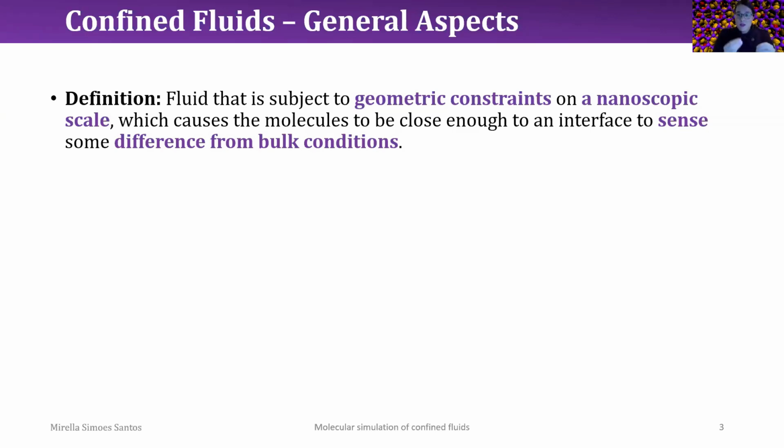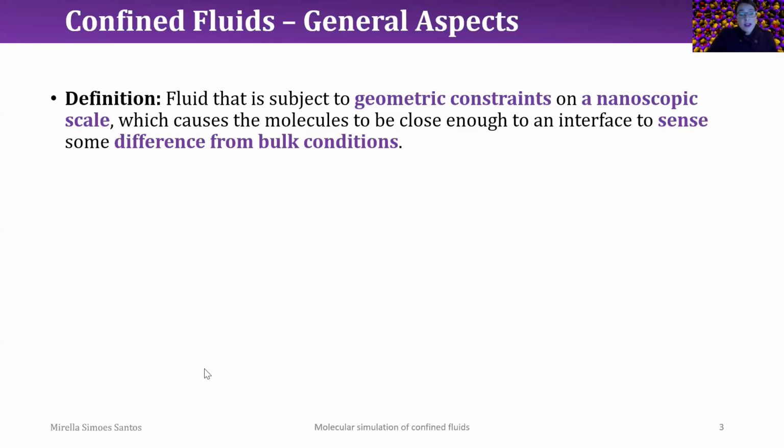So due to this geometric constraint, the molecules will be close enough to the interface, here in this case the pore walls, and this fluid will sense some difference from its behavior at bulk conditions.